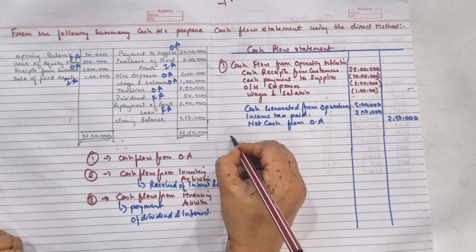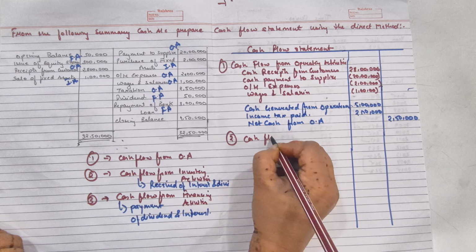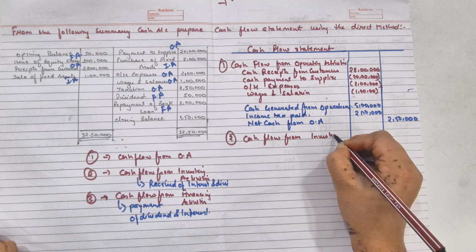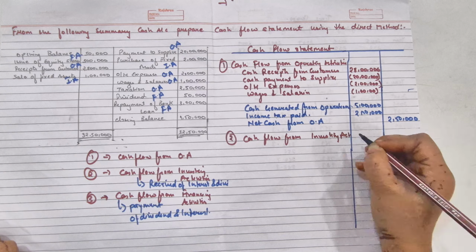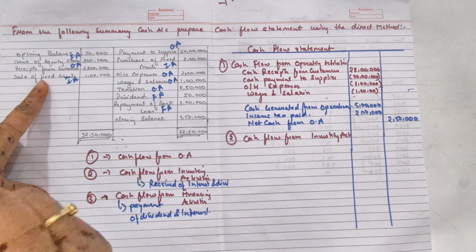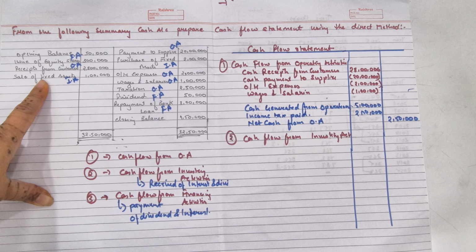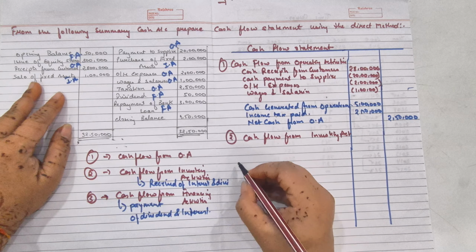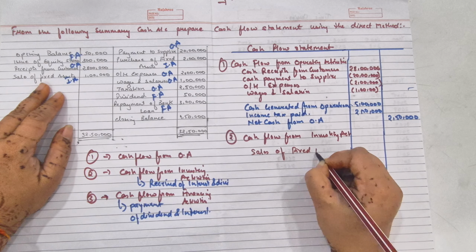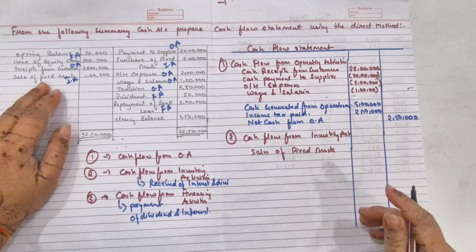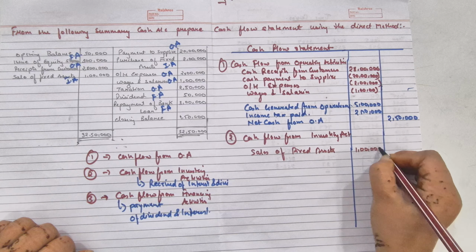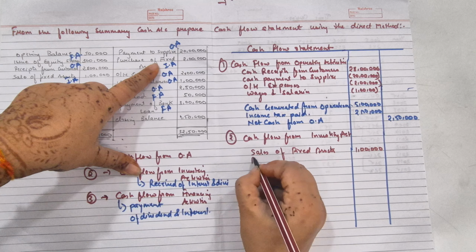Fine. Now your second point would be cash flow from investing activities. In this we have only two items. We have purchased one fixed asset and sold one fixed asset. There is a sale of fixed asset, so this must have been an inflow, because when we sell a fixed asset we get a cash inflow of how much? 1 lakh rupees. But then there is a purchase of fixed asset.